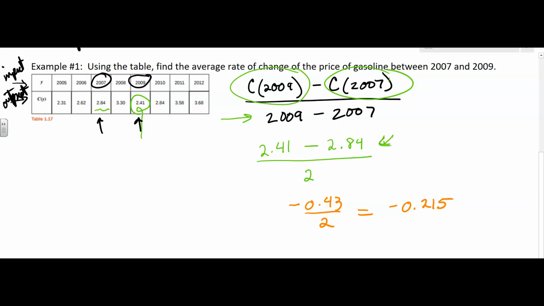So what is that meaning for gasoline? It's saying that between the years 2007 and 2009, on average, the gasoline was decreasing in price by 21.5 cents, or $0.215, but it was going down at an average rate of 21.5 cents. Okay, so that's the interpretation of that.